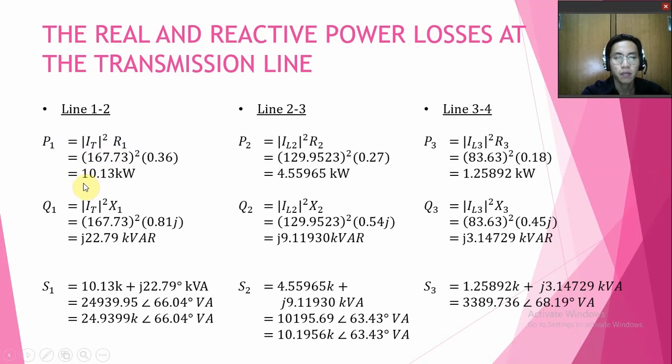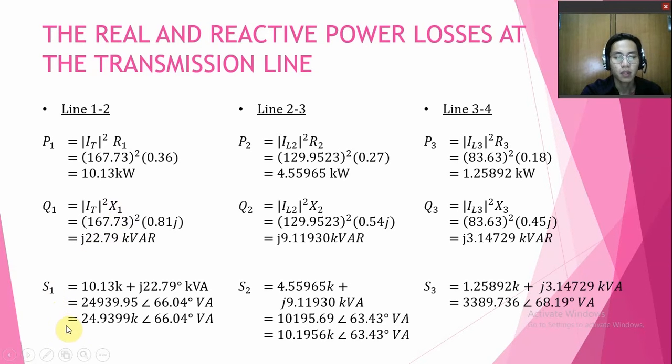We will get the value of 10.13 kilowatts for the real power, and for the reactive power, by using the same formula, I total squared multiplied with the imaginary value, we will get the value of 22.79 kilowatt.